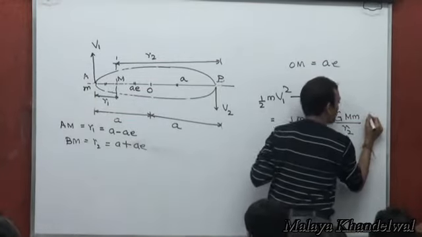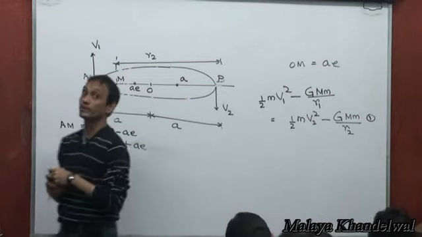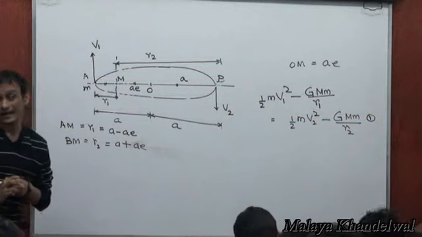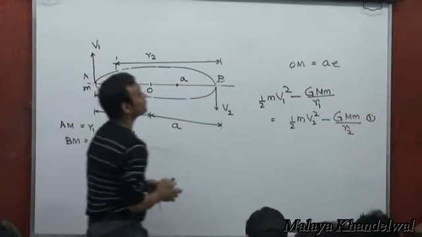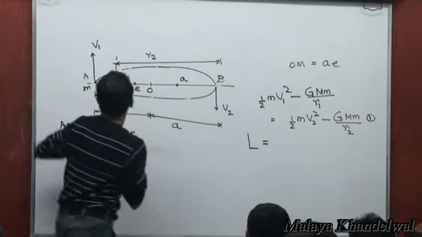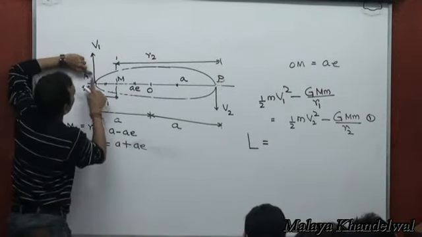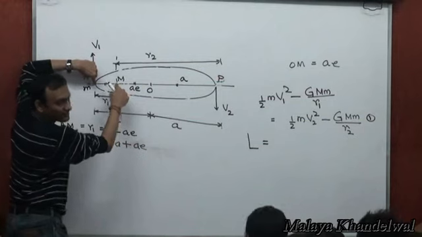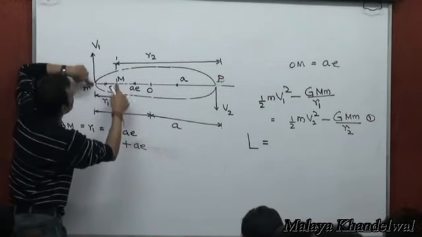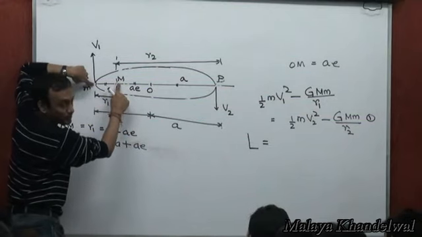Then the other applicable principle, between A and B, is that the total angular momentum is conserved. The angular momentum L at A is going to be m v1 into R1. See, this is the line of action of the velocity, and R1 is the perpendicular distance of the line of action of the velocity from M, right?